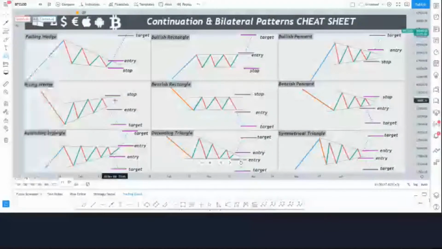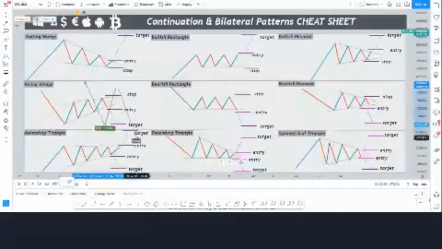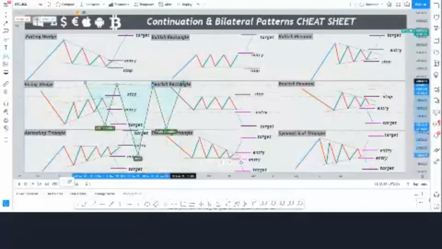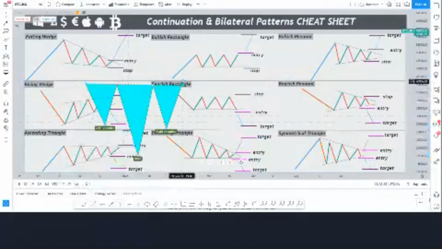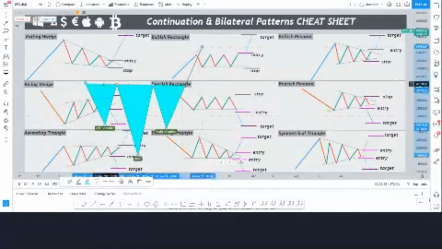So for example, head and shoulder, if you get something like this, basically you're coming from the top right here.